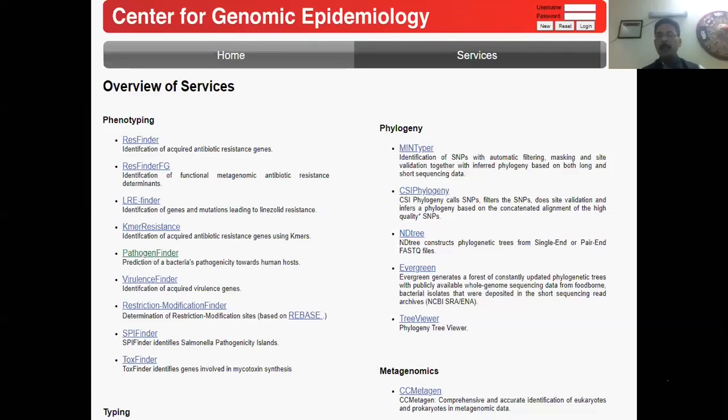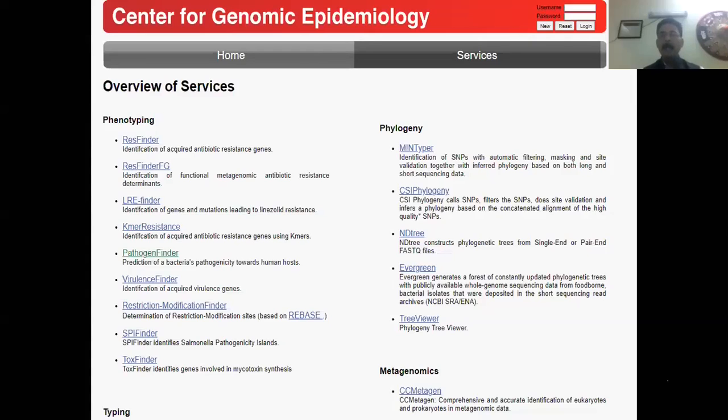Then within a few hours, through your email, they will give you the analytical report of the genomic sequence data given to them. So what are the analyses they will do? They will do everything. First, they will identify the organism correctly. They will identify the serotype. They will identify biotype or MLST type.